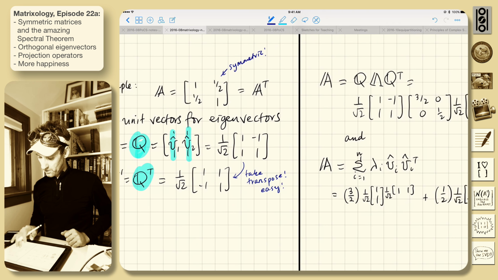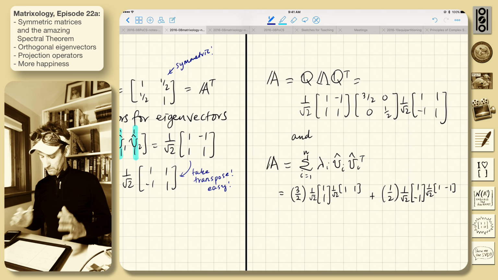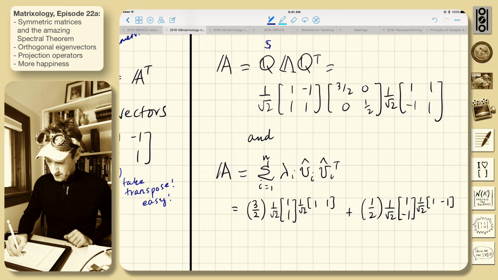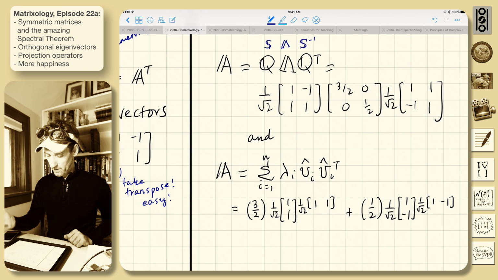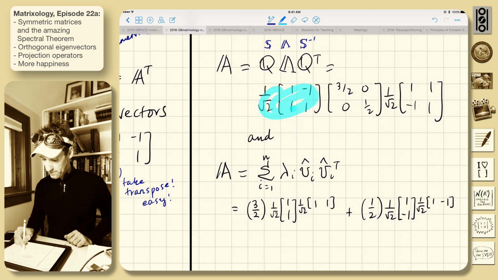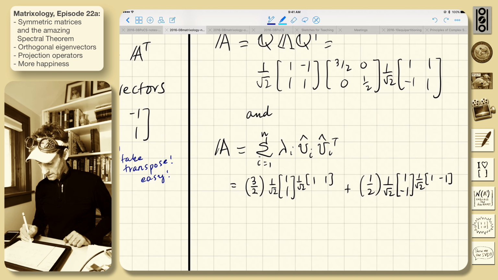Very nice. So now we can write A. We've looked at how A functions, right? So instead of S lambda S to the minus 1, more generally, just putting all these pieces together, here's our Q, Q transpose, and lambda. And then we've got this new thing, these outer products.